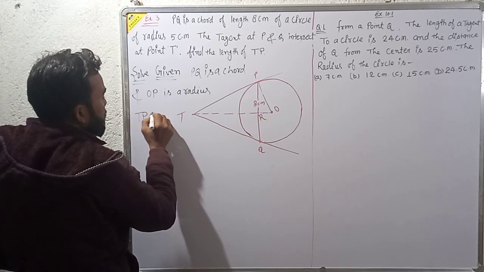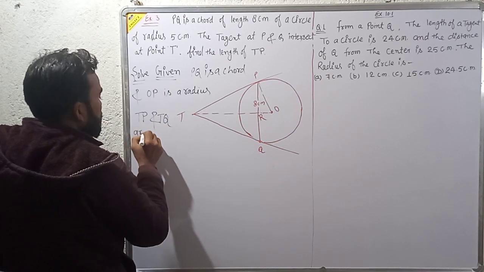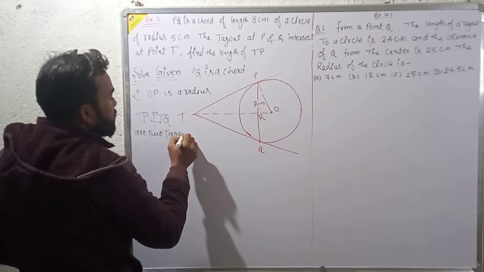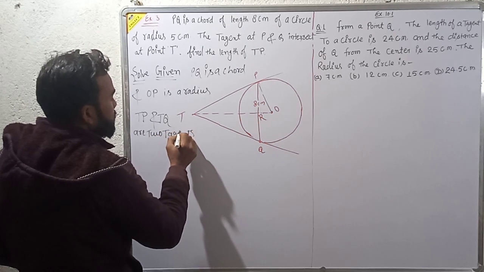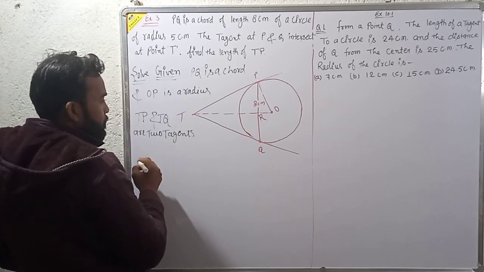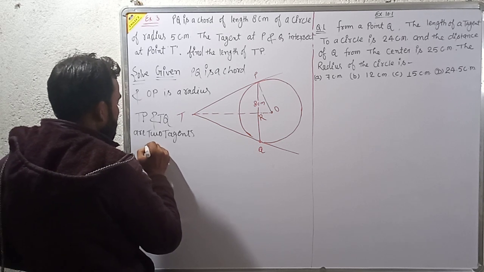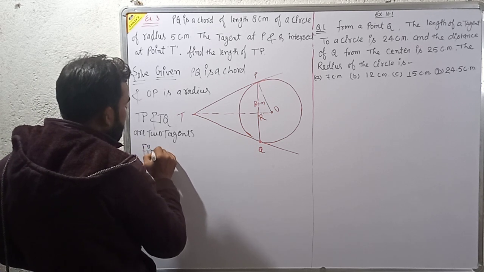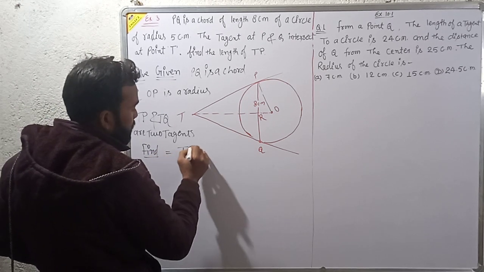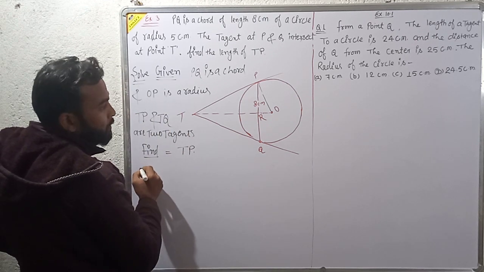TP and TQ are two tangents. Clear? We have to find the length of TP. Clear?